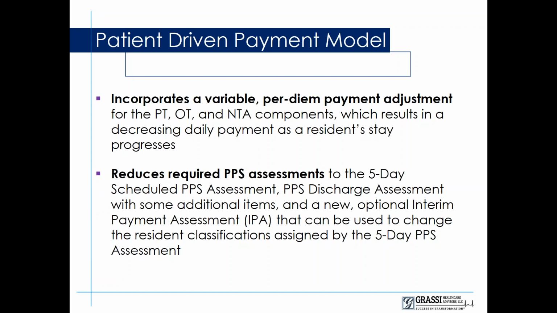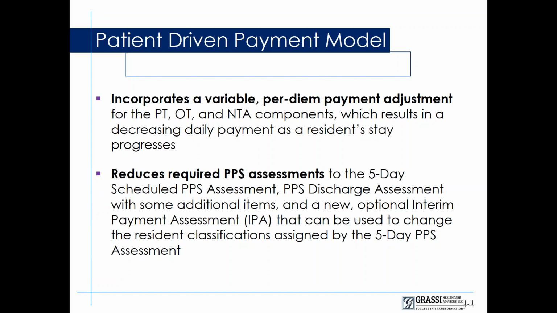So for the first couple of days, the reimbursement is higher, and then it drops, and then it drops again at day 20, and progresses down. And the rationale there is that they're thinking people improve as time goes on, and they don't need the same intensity of services.